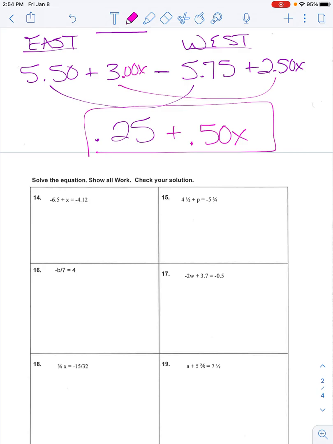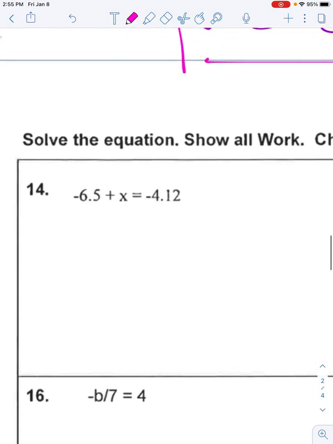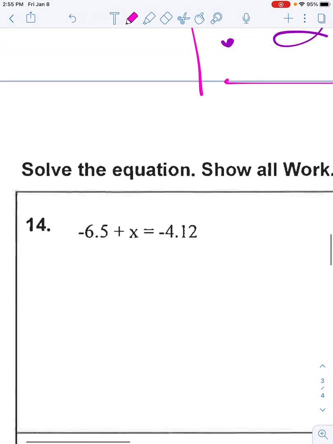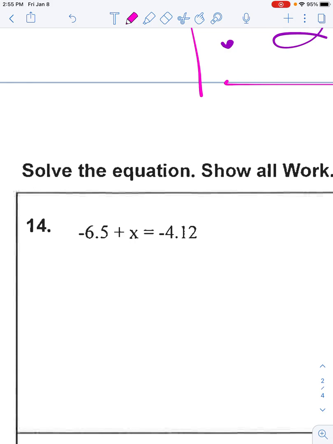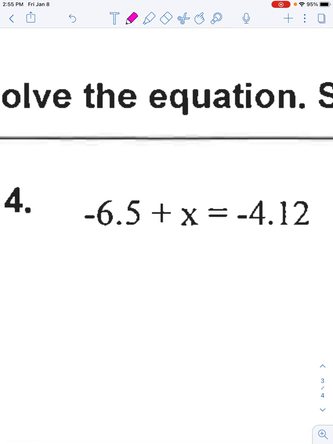Alrighty, on the next page, we get into solving equations. It says to solve the equation, check, show all work, and then check your solution. So you're going to get more than 1 point for each of these, so make sure you're following the directions. The goal is to isolate the variable. I need x by itself, so it says negative 6.5.